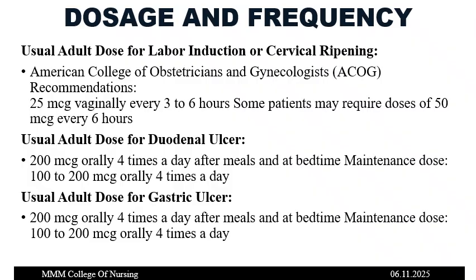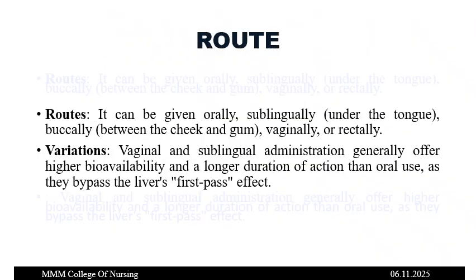So in dosage and frequency, we see the dosage for cervical ripening and labor induction, and the dosage for duodenal and gastric ulcer. The liver first pass effect, or hepatic first pass effect, is a phenomenon of drug metabolism where the concentration of an orally administered drug is significantly reduced by the liver before it reaches the body's systemic circulation.